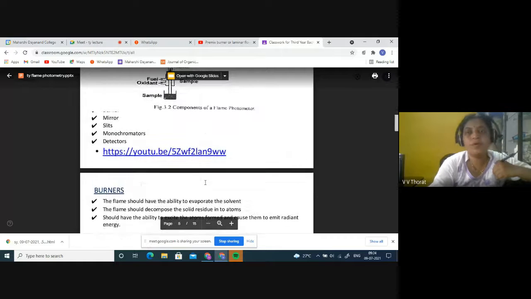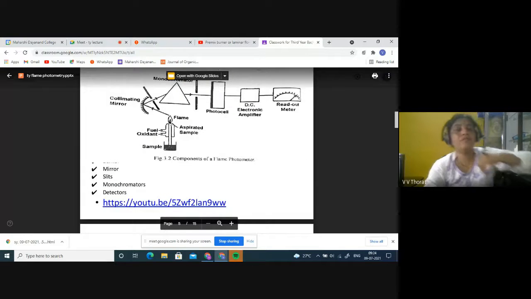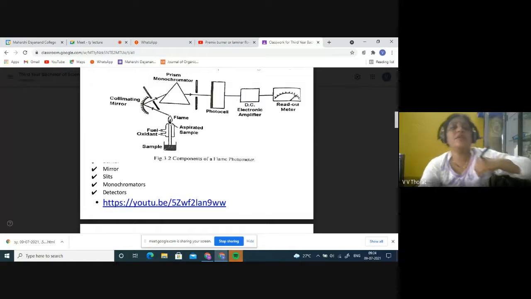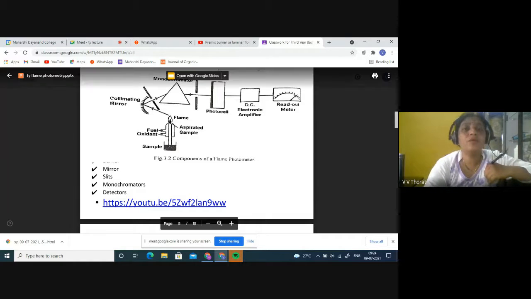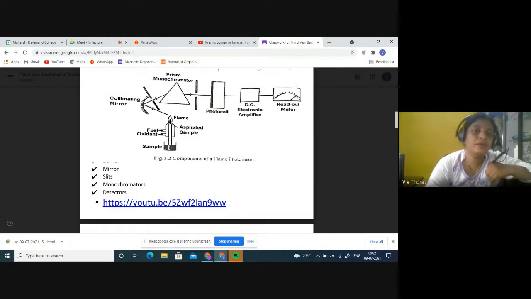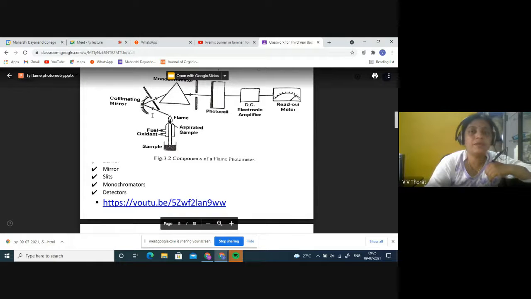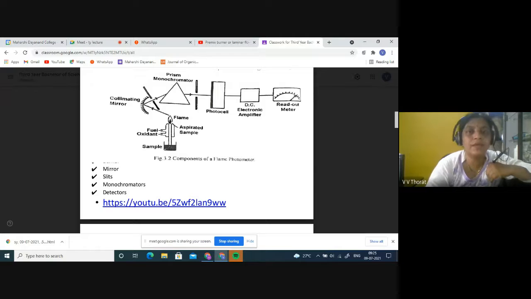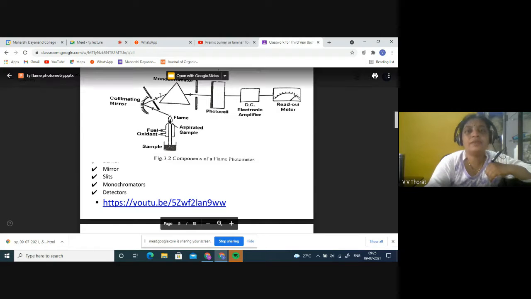First component was burner. This whole technique is based on the burner. Now the next component is your collimating mirror. If I take a potassium sample, potassium will emit pinkish violet flame. So this collimating mirror will collect the radiations from the flame and direct them to the monochromator.